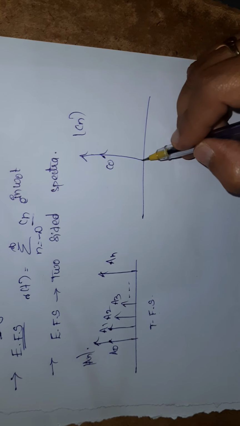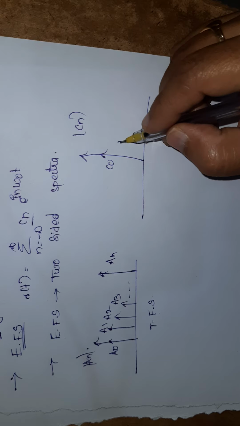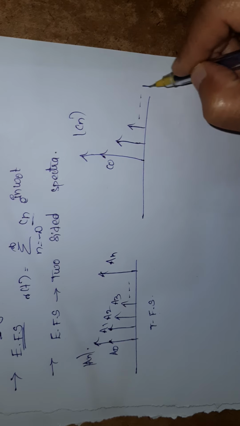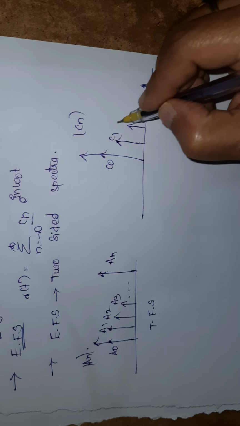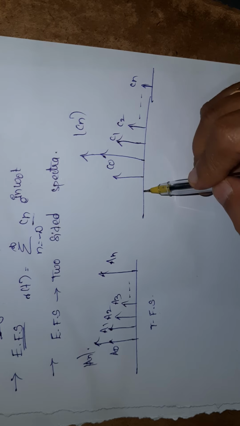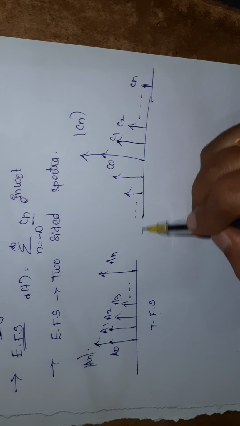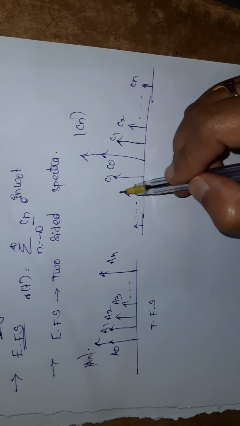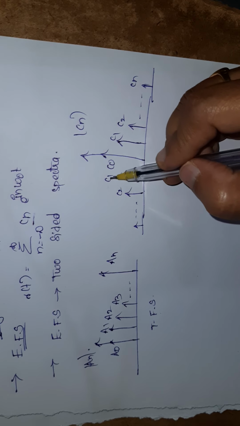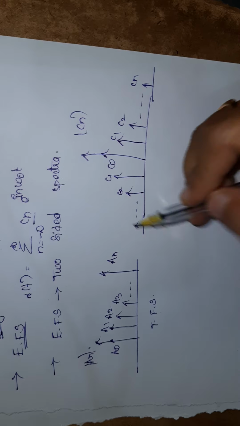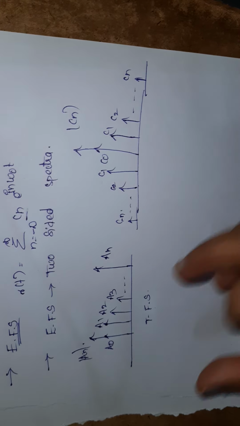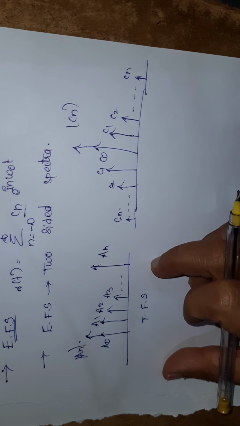Because it is a two-sided spectra, I have C1, C2 up to Cn, and also C minus 1, C minus 2 up to C minus n. So this is two-sided spectra and this is one-sided spectra.